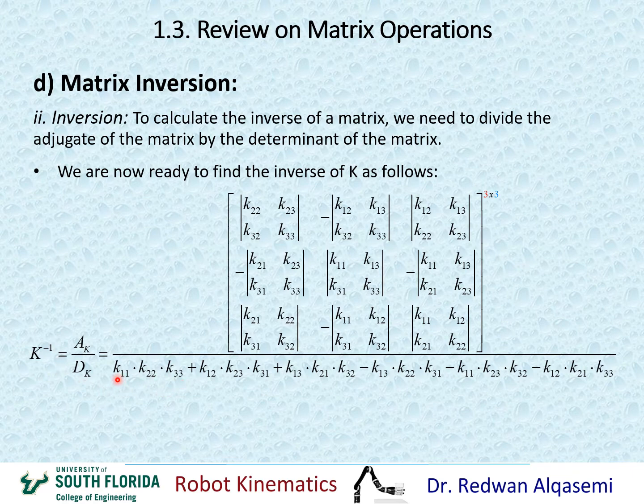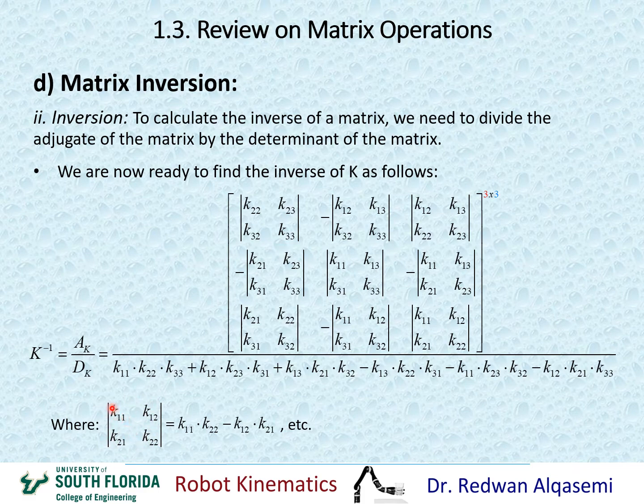So this is the determinant of the matrix K. And for the adjugate, we have to find the determinant of all these submatrices that we found earlier. These are 2 by 2, so the determinant is quite easy. And that would finally give me the inverse of the matrix K. I noted here that this symbol, with these two lines, indicates the determinant of the matrix with these elements.